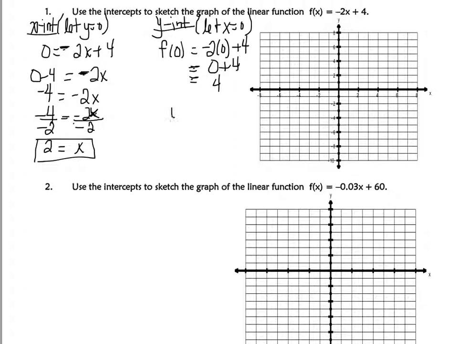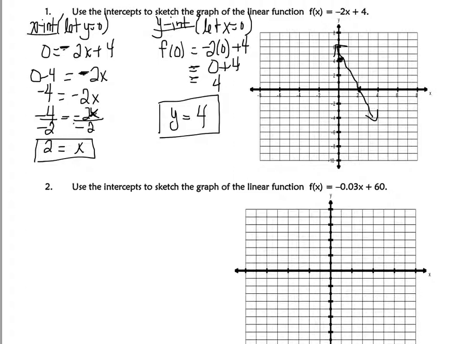So that would mean the y, f of 0 means the function value at 0, which is your y coordinate, when x is 0, and that would mean that y equals 4 would be the y-intercept. So if you take y is 4 and x is 2, and you draw a graph.